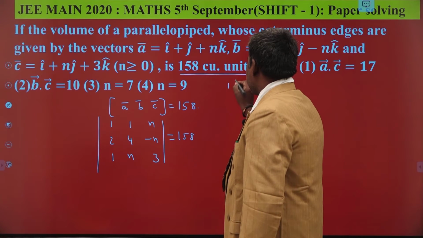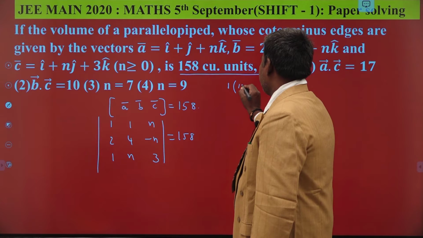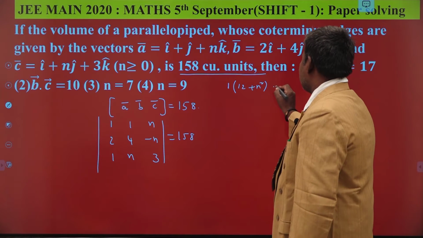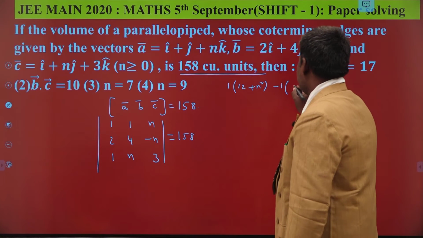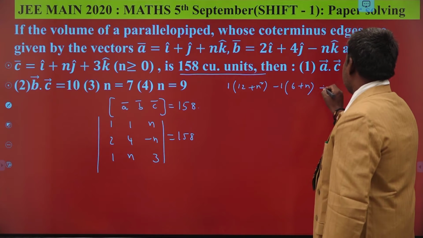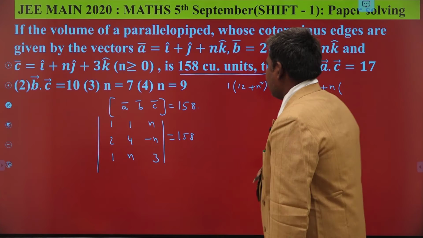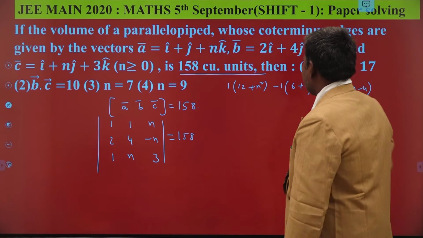So I am going to expand this. 1 into 12 plus n square, minus 1 times 6 plus n, and plus n times 2n minus 4, that is 158.